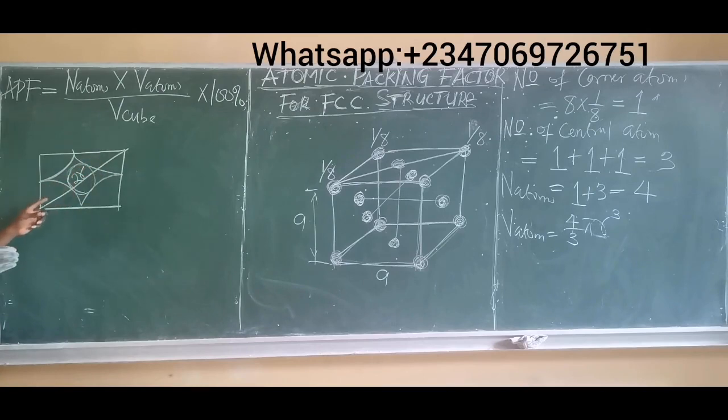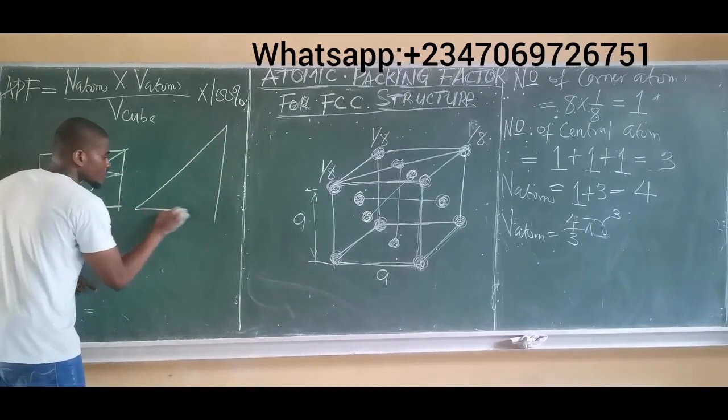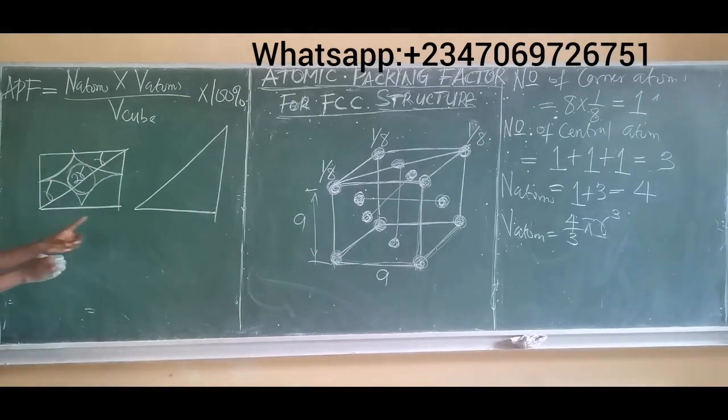But the two corner atoms are not offering their entire diameter, rather they are offering just their radius. So the total length of this diagonal, which is the closely packed region, let's draw a right angle triangle to indicate what we'll have on the board.